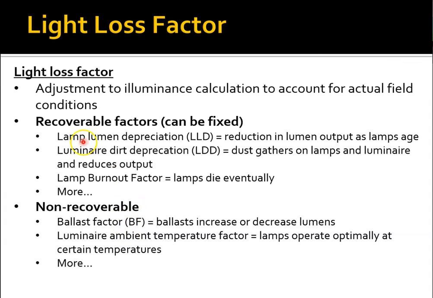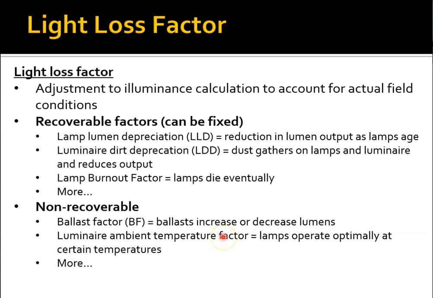Those are all what are called recoverable factors, which means you can fix them, basically. Non-recoverable factors are things that you can't fix with the lamp, like ballast factor. Depending on the ballast you use, you usually get fewer lumens out of the ballast than rated. Sometimes you get more, but usually it's less.